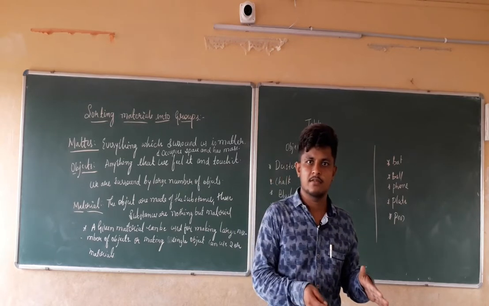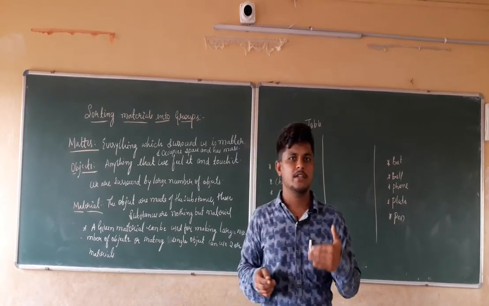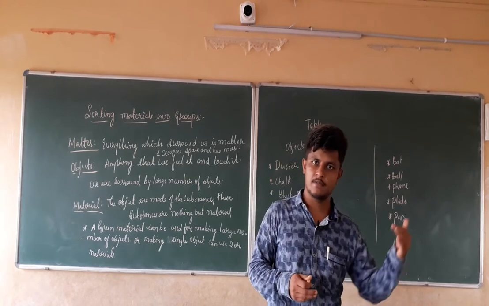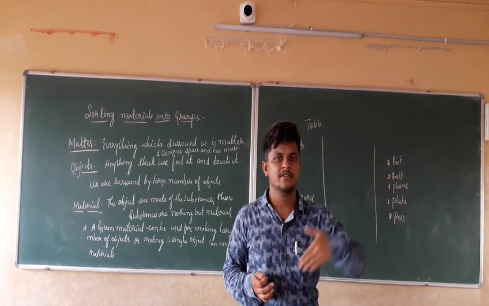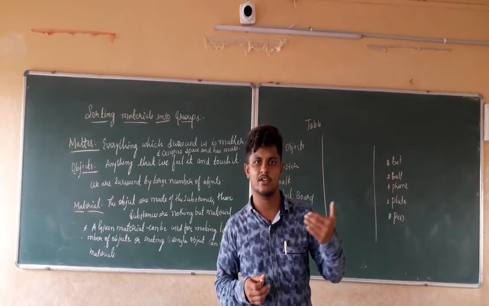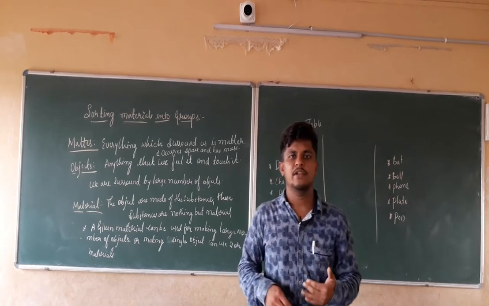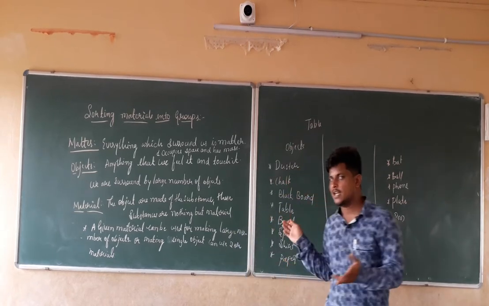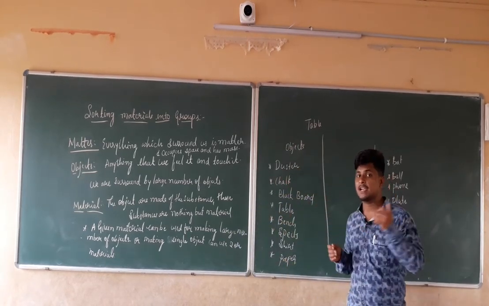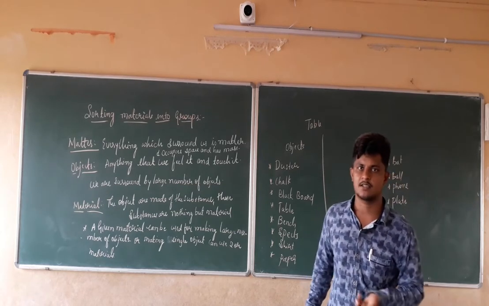Like in food, there are n number of ingredients used for the preparation of food. In the same manner, for clothing material, there are n number of fibers used for the production of those fabrics. These are also made from different substances.